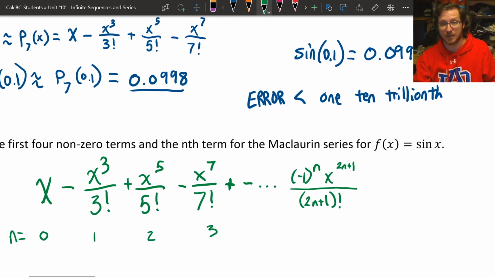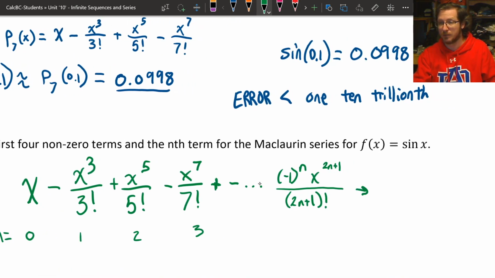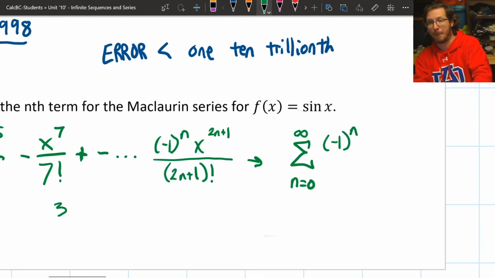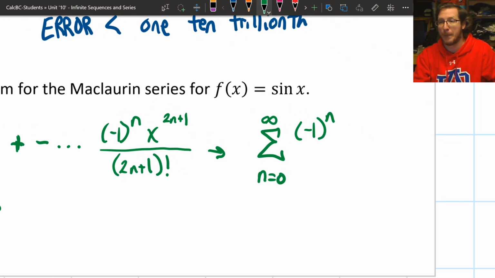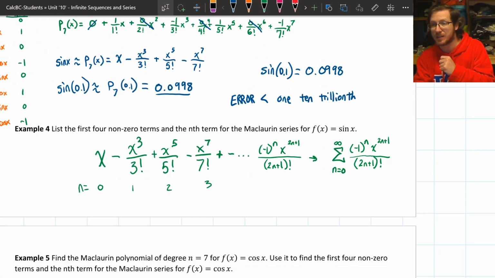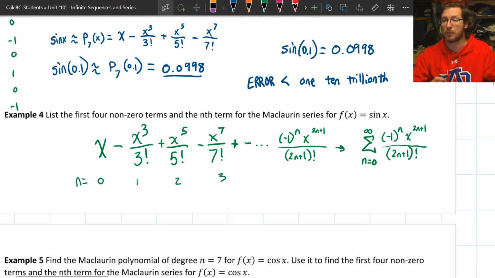So if we were to write this as an infinite series, then our sum, n equals 0 to infinity of that rule, would give us our infinite Maclaurin series to approximate f of x equals the sine of x.